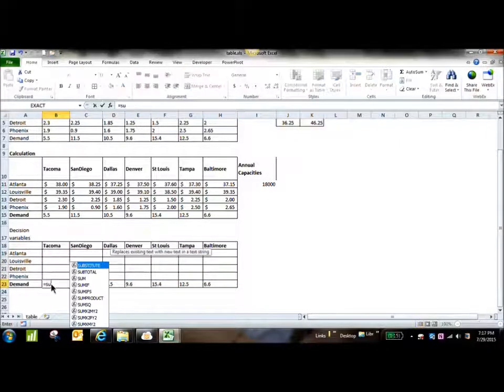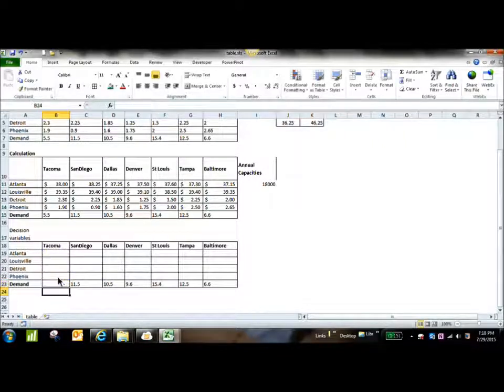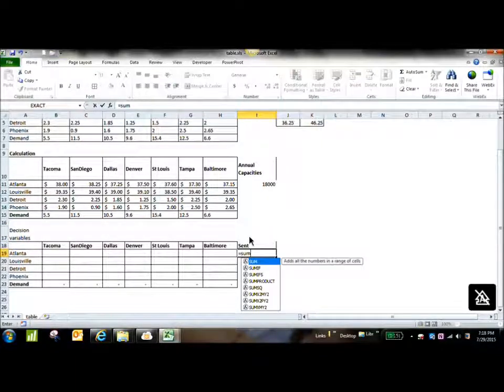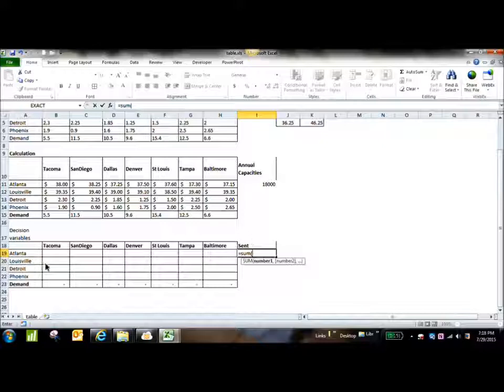And here, this is going to be a sum. You just start setting up your formulas, right? And then here you're going to have cents, and then you set up your formulas, so on and so forth.